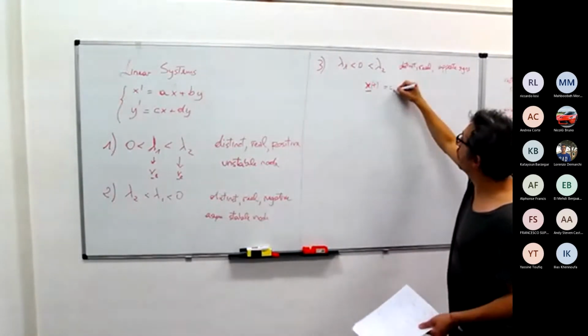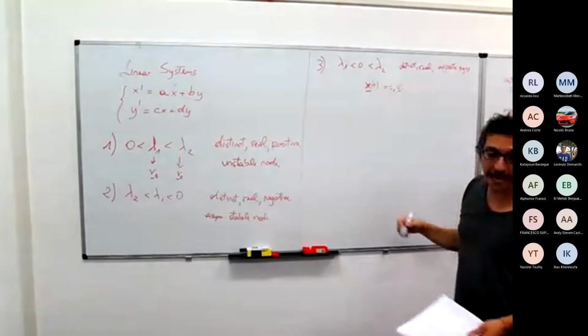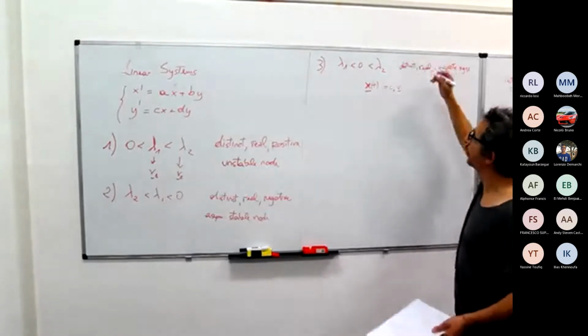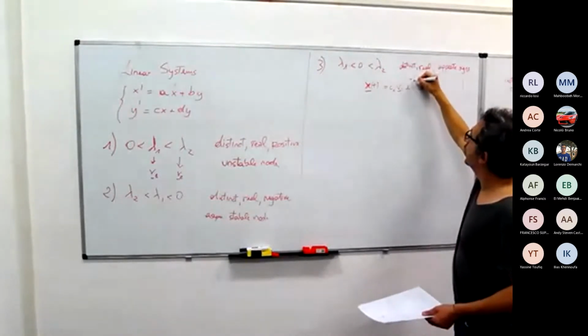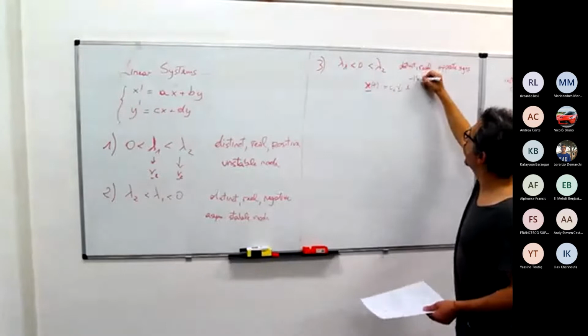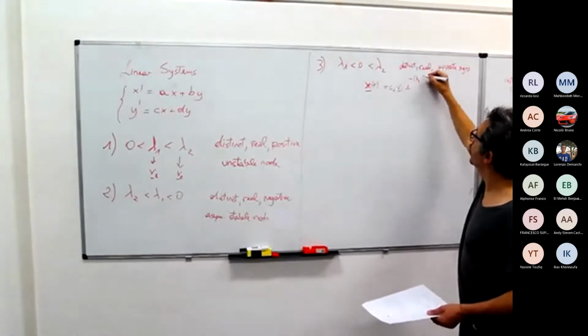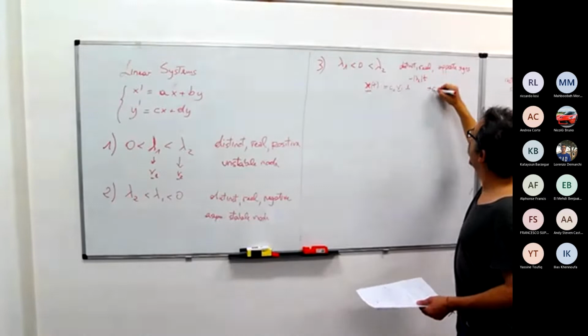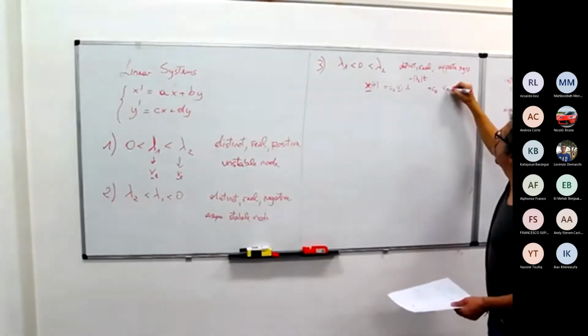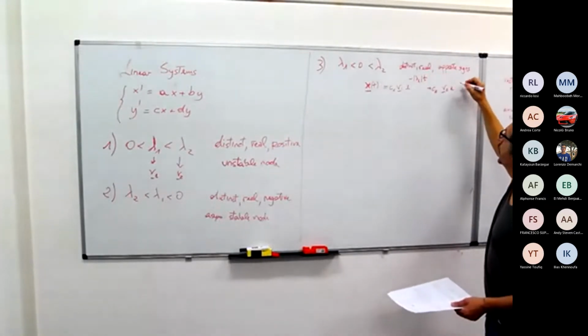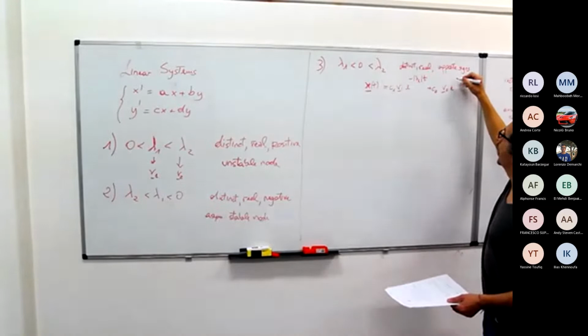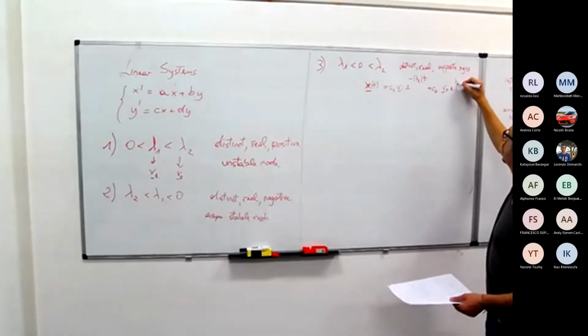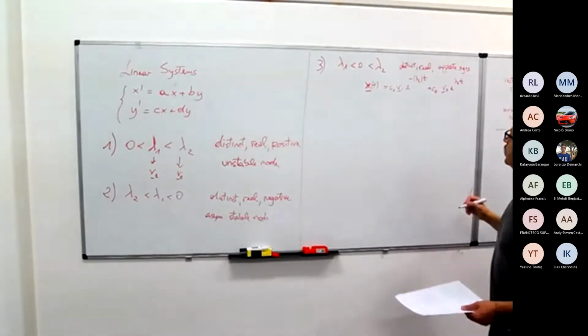So I will always have some C1 times the eigenvector V1 corresponding to lambda 1. Since lambda 1 is negative, I can write it as exponential of minus modulus of lambda 1 times t, plus C2 V2 exponential of lambda 2 t. Okay.